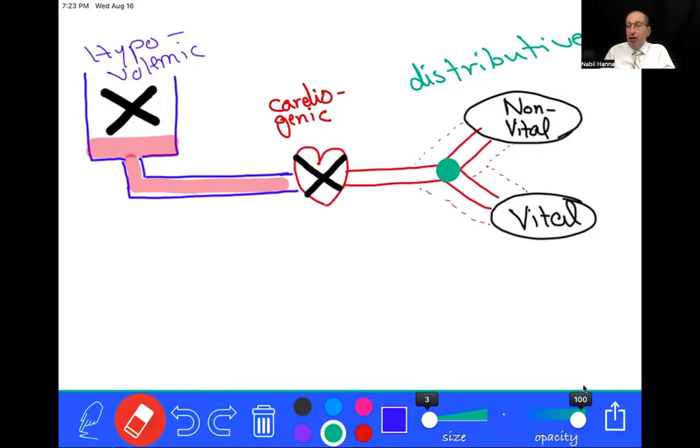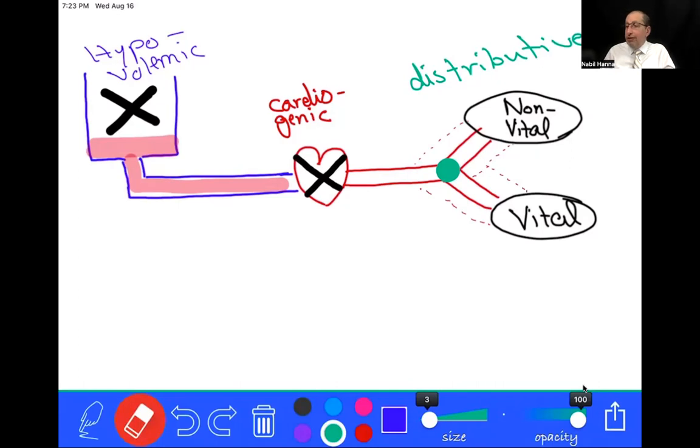So hypovolemic shock, that's the easiest. It results from hypovolemia, bleeding or dehydration. Cardiogenic shock, that's pretty straightforward. Weak heart, pumping action is lost.